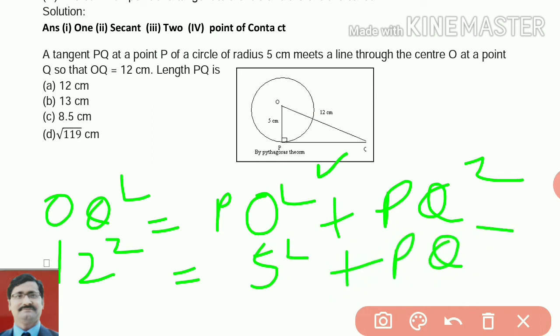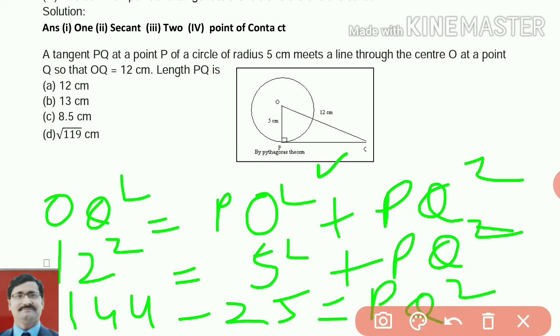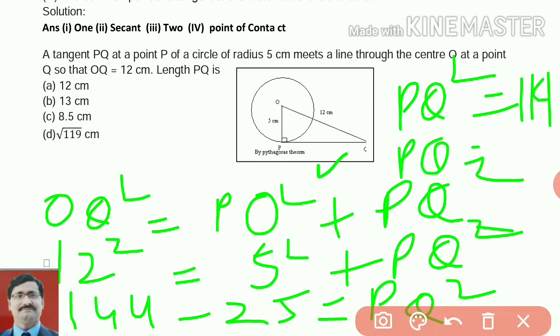Now 12 square is 144, minus 25 equals PQ square. So PQ square you will get 119, and PQ will be equal to root of 119. So root of 119 is our answer.